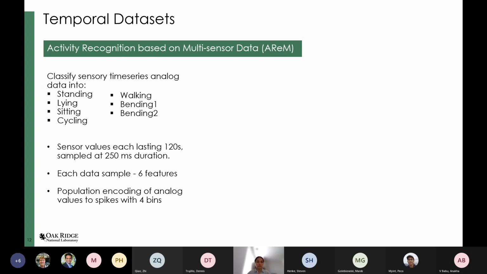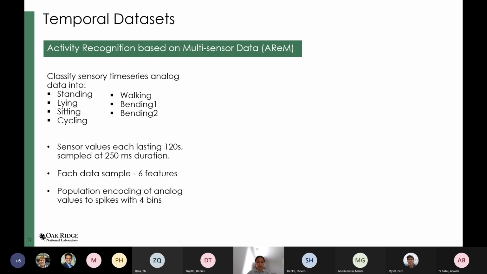This data set has sensory values from different points on a human body, and that data needs to be classified into 7 different categories of the activities that the human is performing. Each set of values lasts for 120 seconds, and they're sampled at 250 millisecond duration. That means we have about 480 time samples of these different sensory analog data samples.